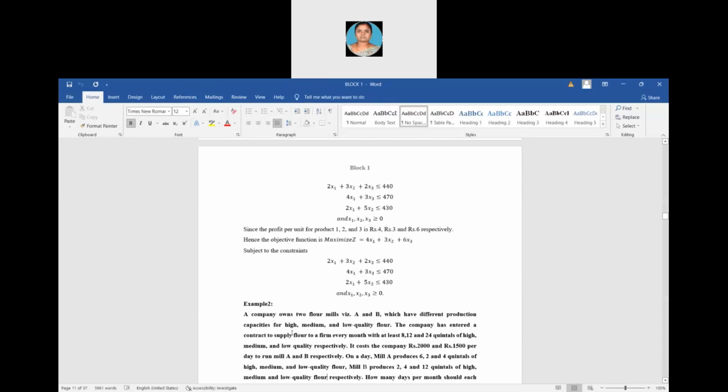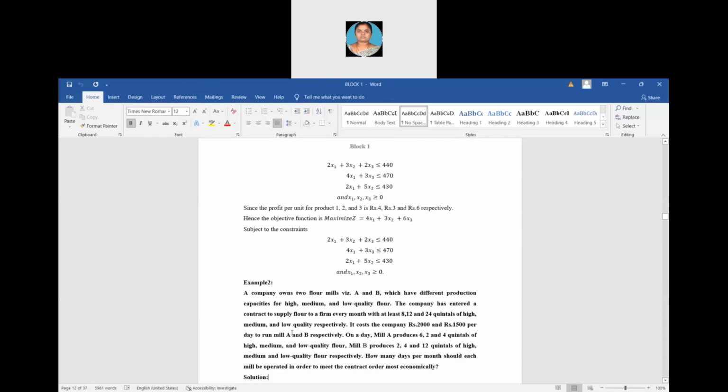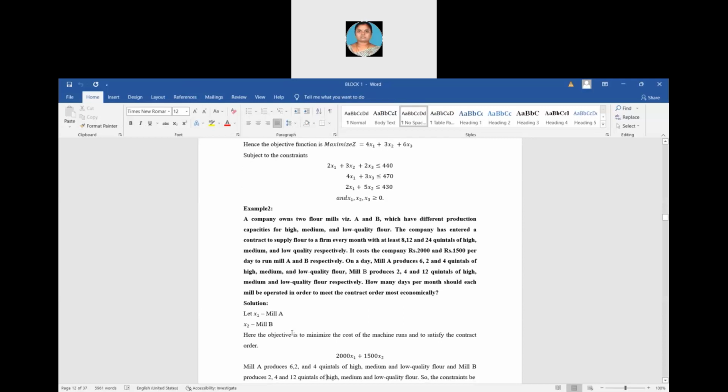Similarly, in the next question, what they have given here is economically. If you see economically, meaning if they are framing the question like that, you can minimize.